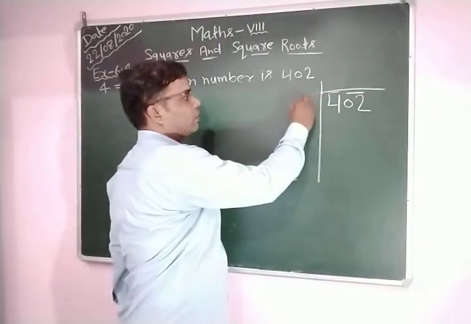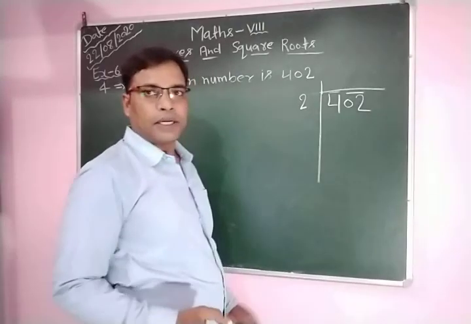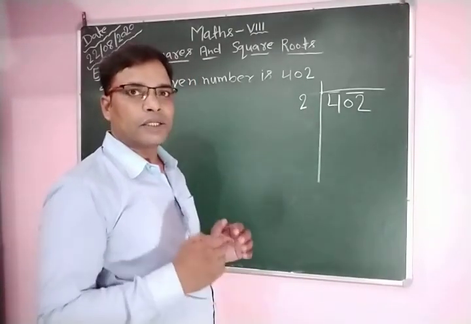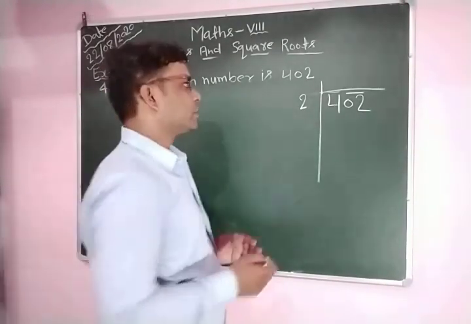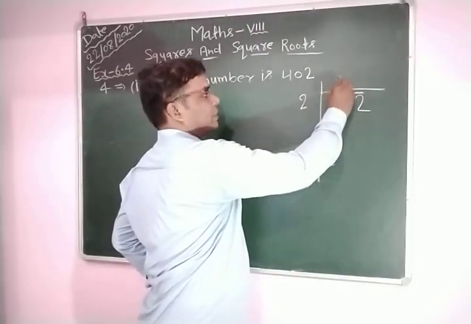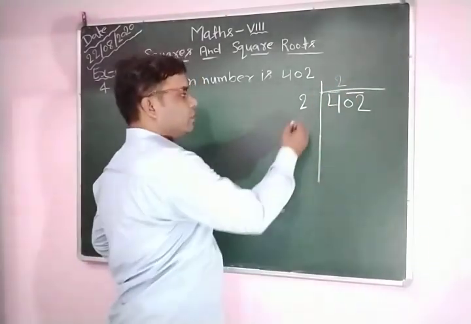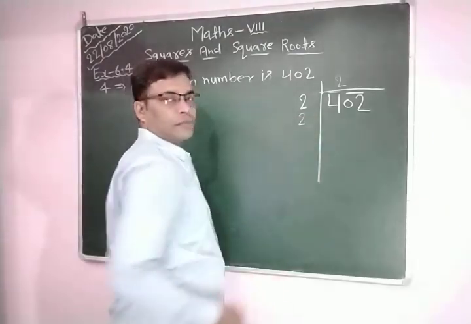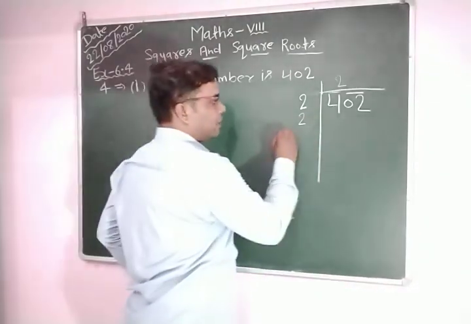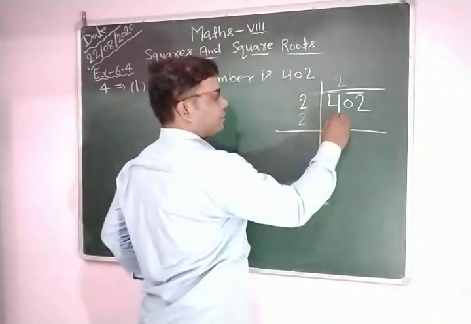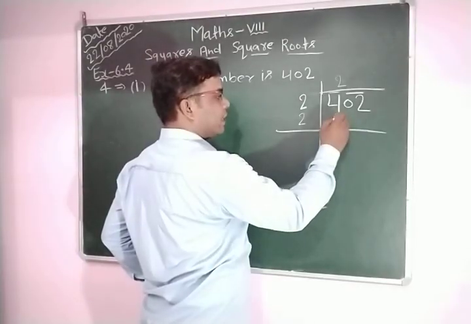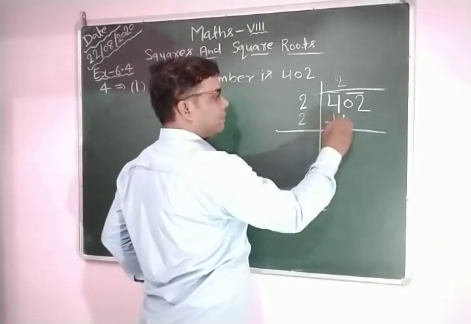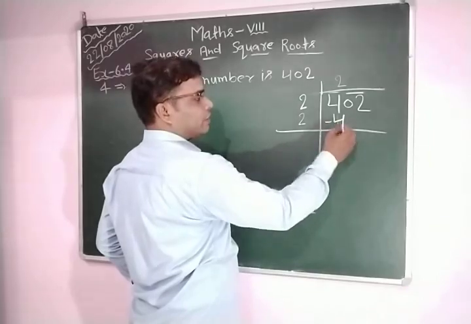Write 2 in the place of the divisor, and also at the top as the quotient. Again we write 2 below the divisor, multiply 2 by 2 to get 4, and subtract it.